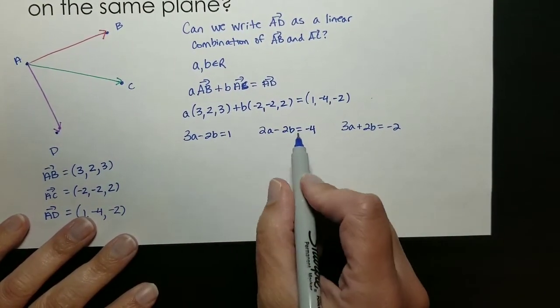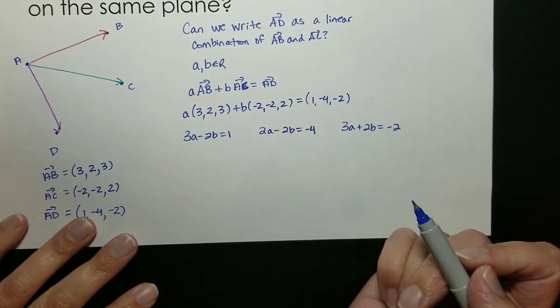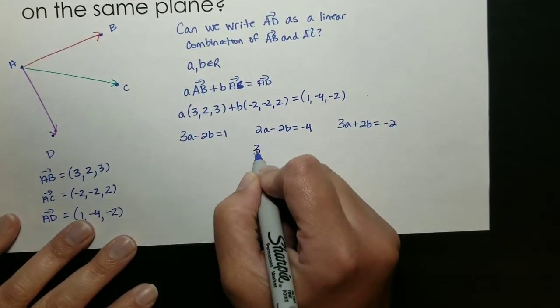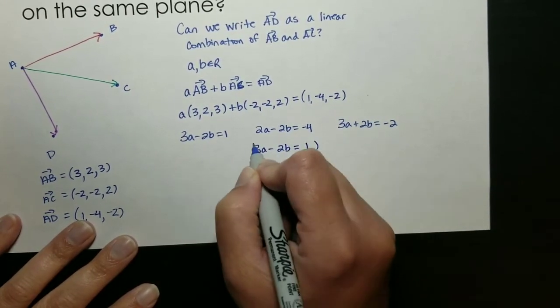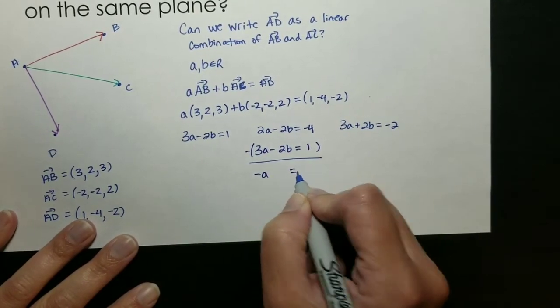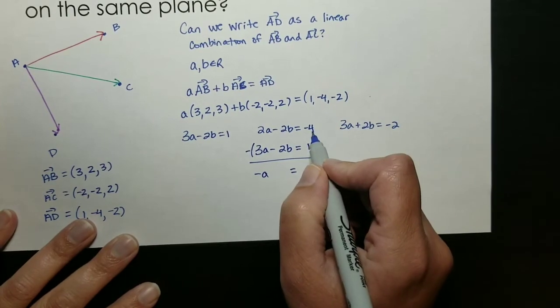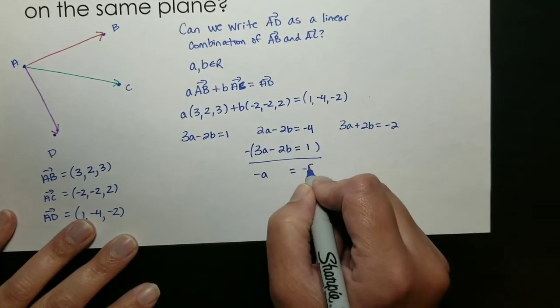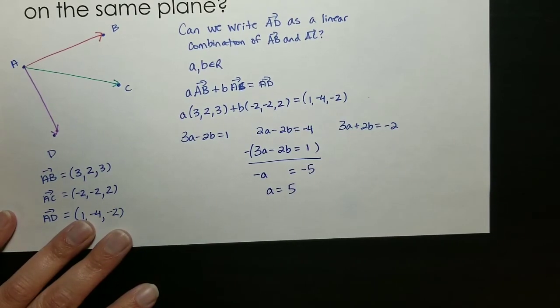So this is actually lined up nice for elimination because I've got -2b and -2b. So I'll just write this underneath and subtract down. I get -a, -2b minus -2b is gone, and -4 minus 1 is -5. So a is 5.